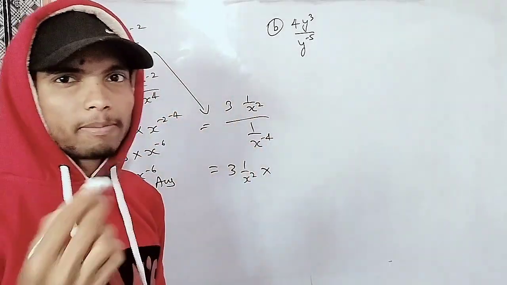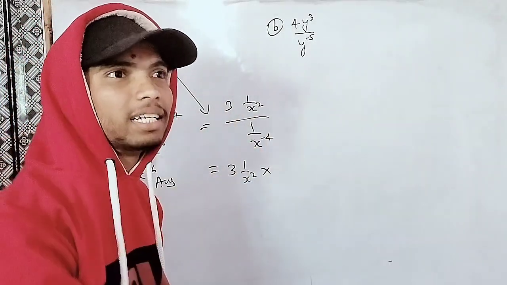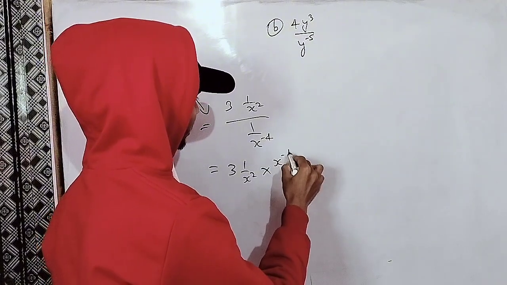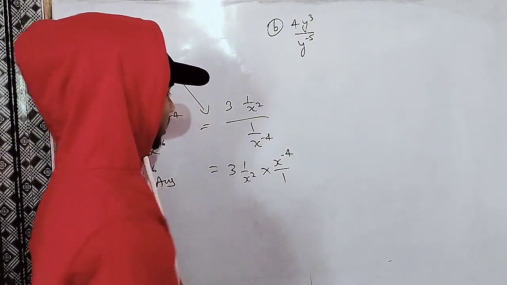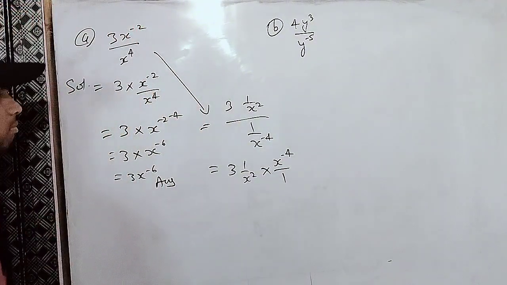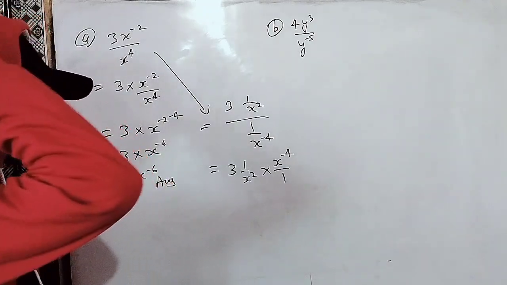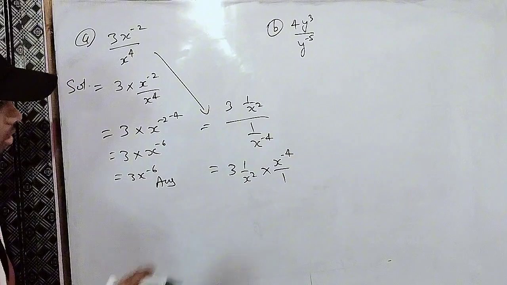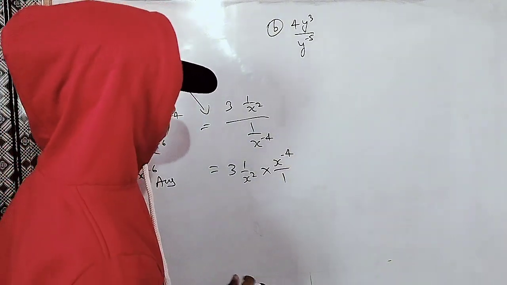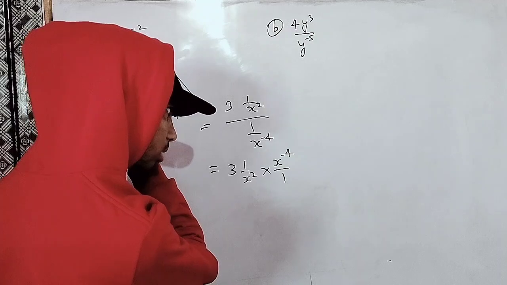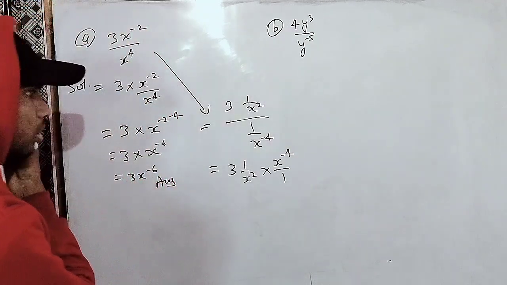X raised to the power minus 4 would be in the numerator. Am I correct? Like that. Okay. We didn't apply any rule.